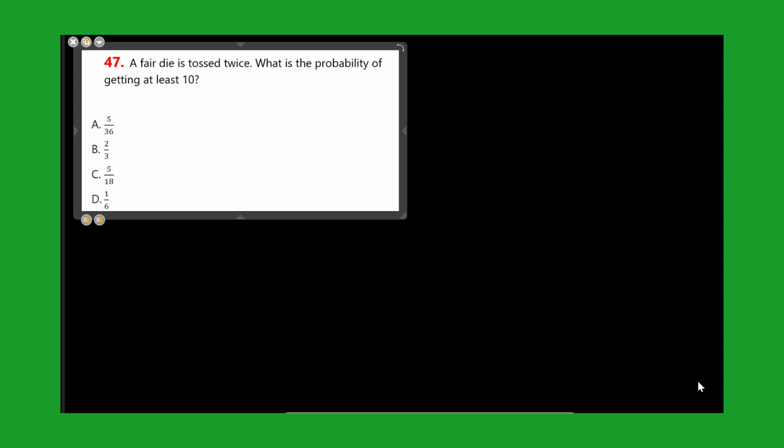From this question, we are going to draw a table for the fair dice that is tossed twice.